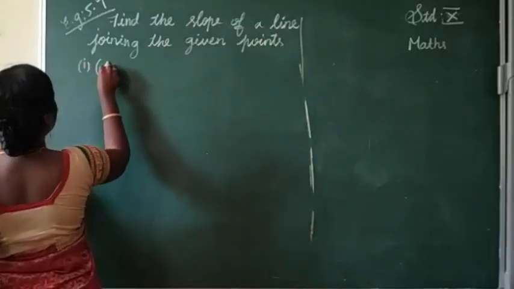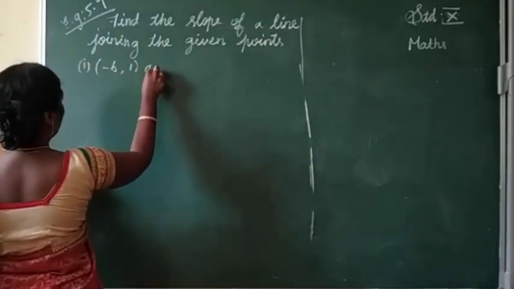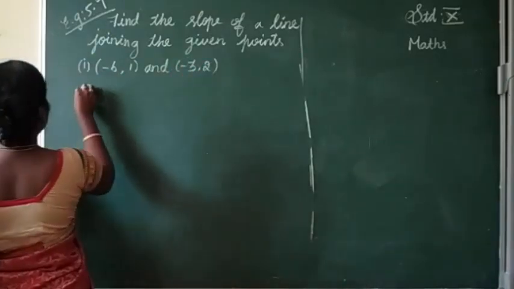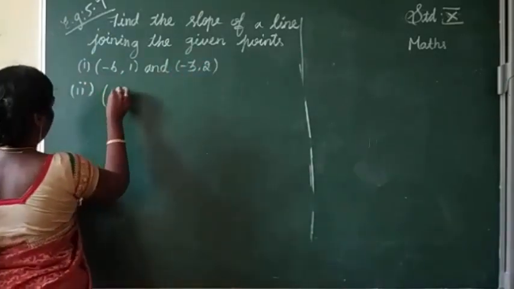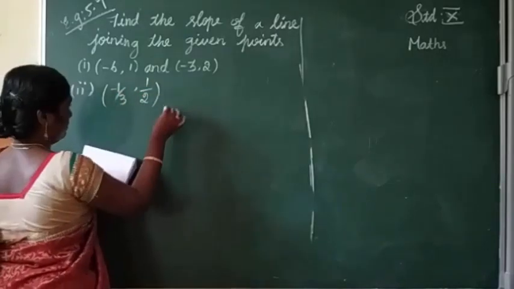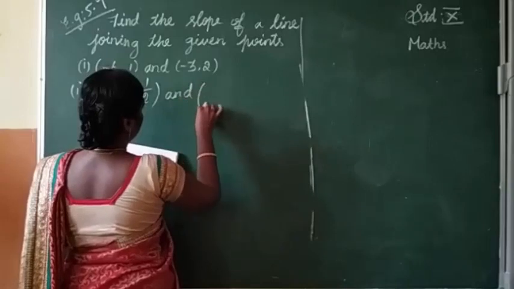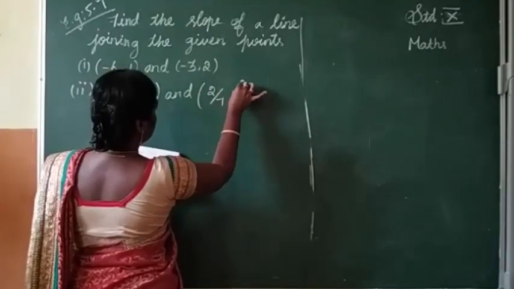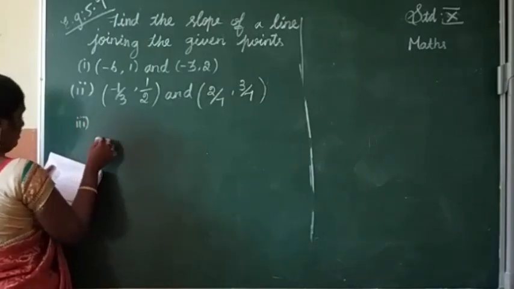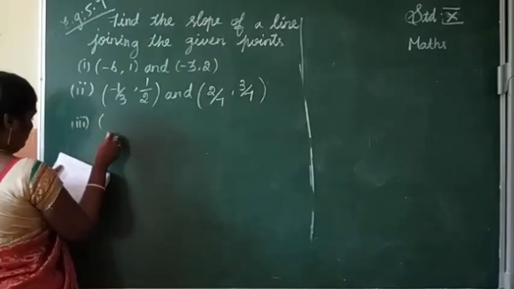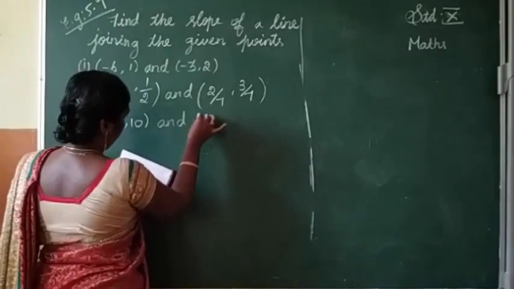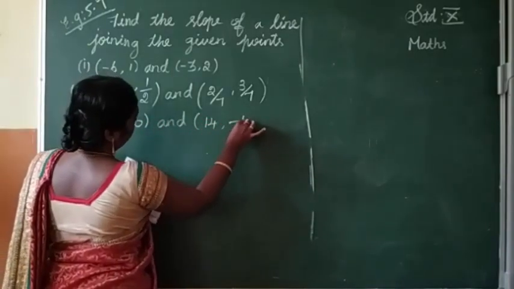First case, minus 6, 1 and minus 3, 2. Second case, minus 1 by 3, 1 by 2 and 2 by 7, 3 by 7. And the third case, 14, 10 and 14, minus 6.